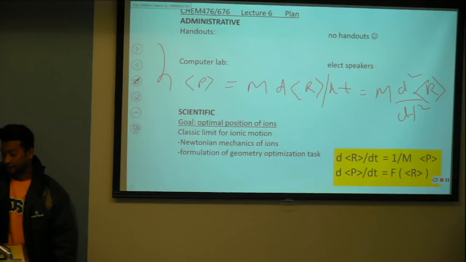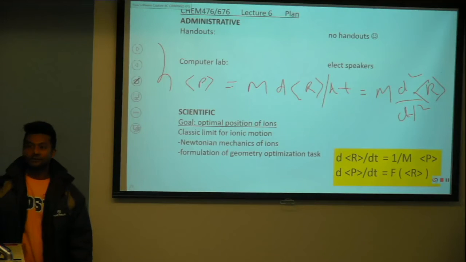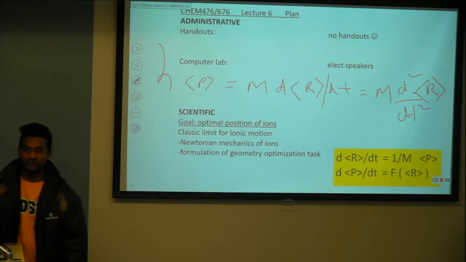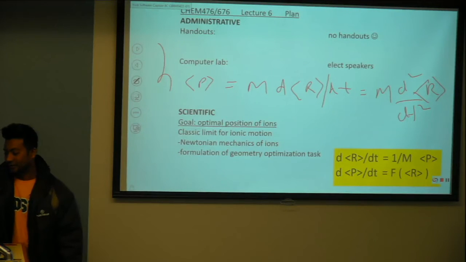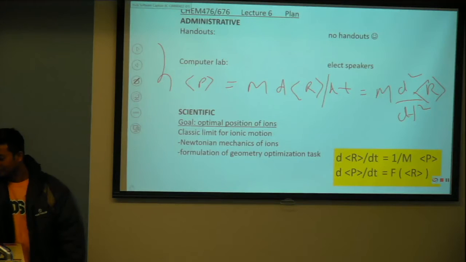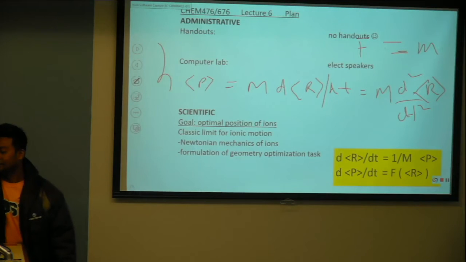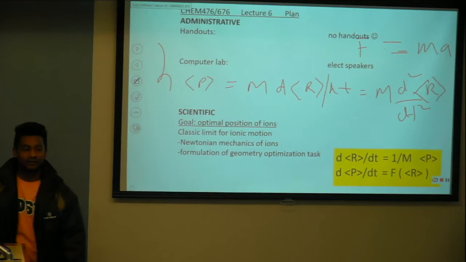Okay. So this represents acceleration. From there, because we know that F equals mass times acceleration. Okay.